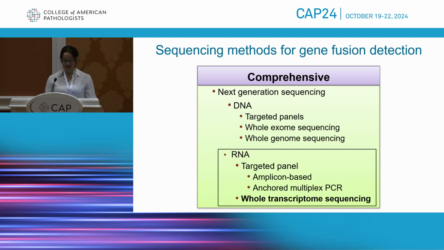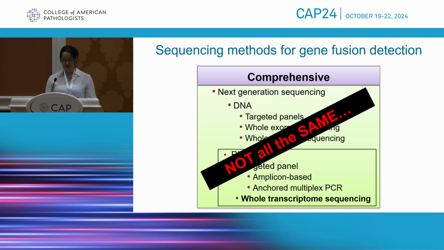Because sequencing strategies for fusion detection are not necessarily equivalent, when you select a test, it's really important to consider the scope, the analytic capabilities, and the limitations of all these different methodologies, so you can determine if that particular test is suitable to address a particular clinical question.